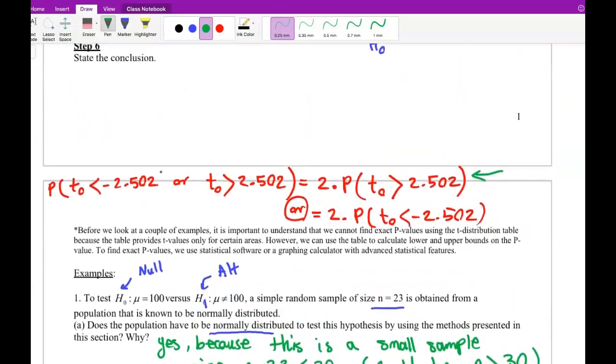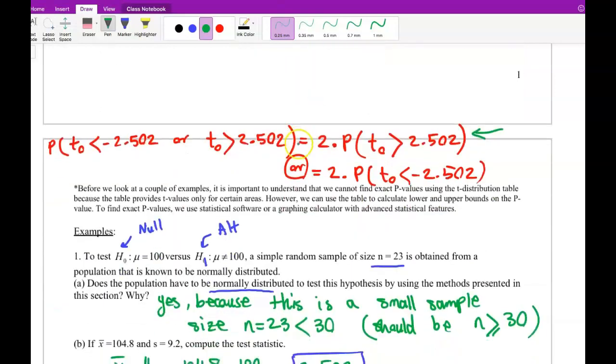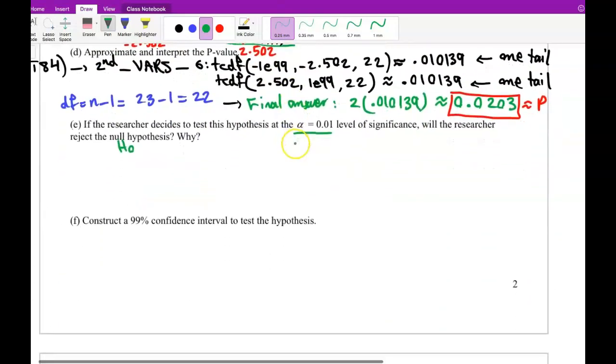Okay, we had step 5. So how can we reject the null hypothesis? If the p-value is less than alpha, then we can reject the null hypothesis. So comparing the p-value and alpha in this part, the p-value we got is 0.0203 and our alpha is 1%.